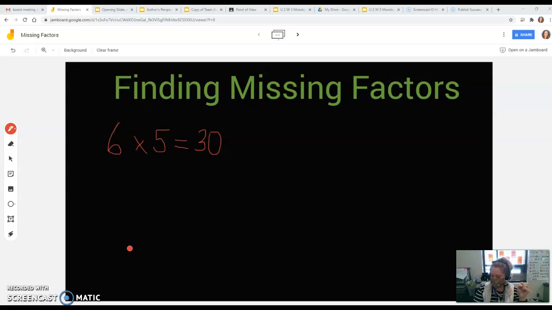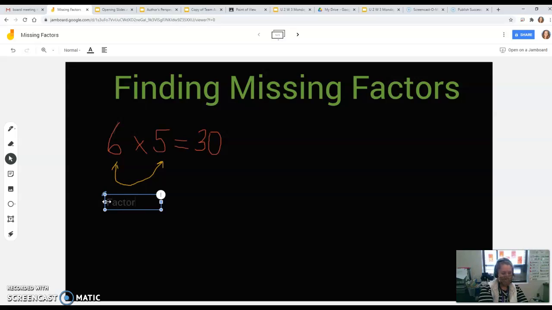Okay, so when we look at a number problem, the factors are each of these numbers right here. These are considered factors.